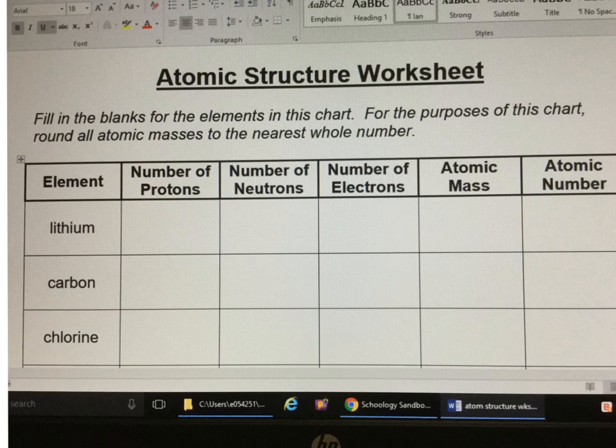Now don't forget to look at your periodic table. It identifies your element. And also your neutrons, your electrons, the total mass number, which, yes, you can round this off. And your atomic number, this should already be a whole number. Okay, go ahead and give that a try.